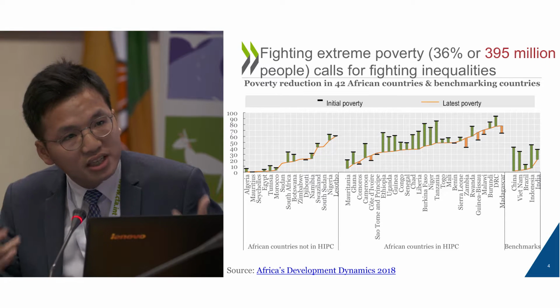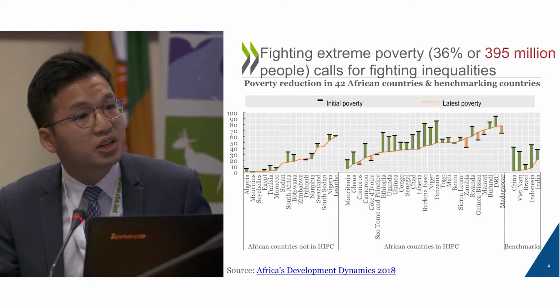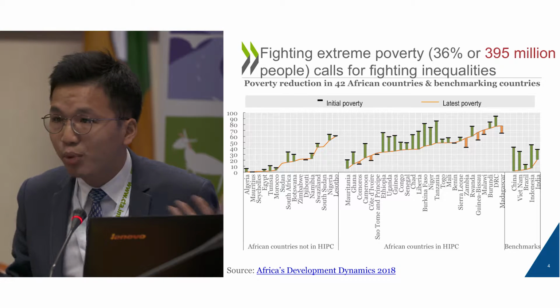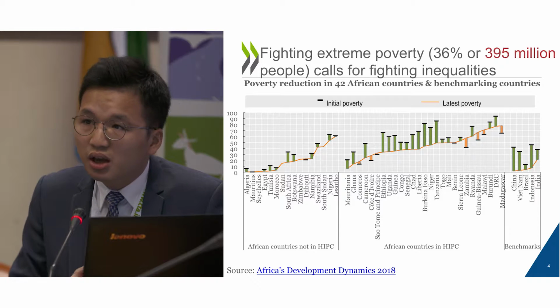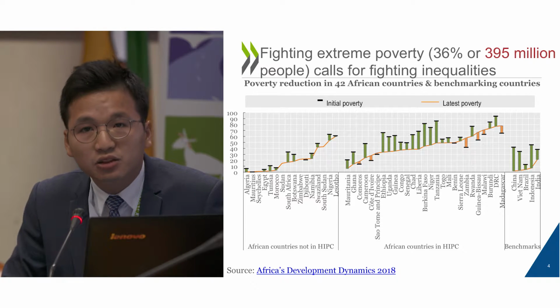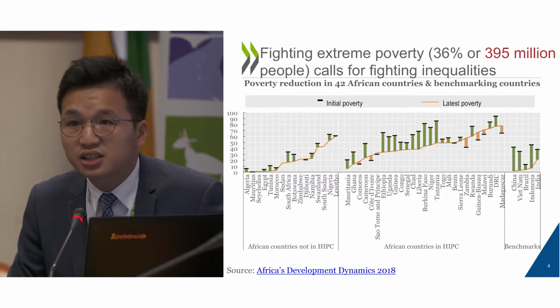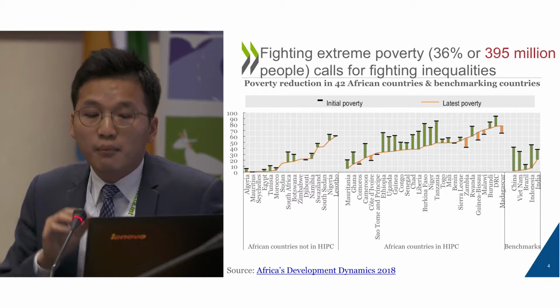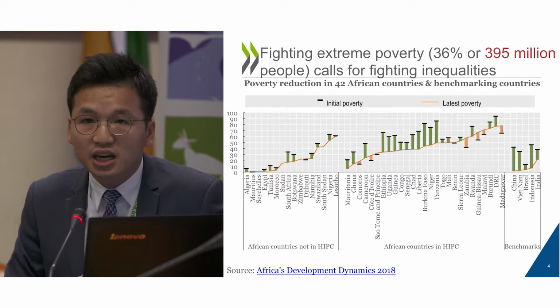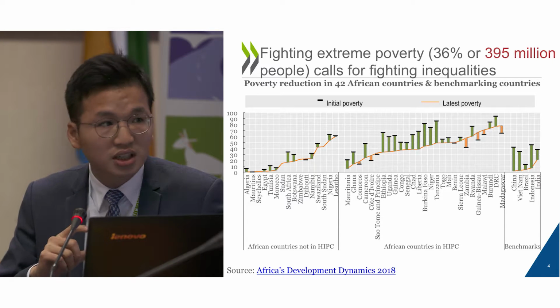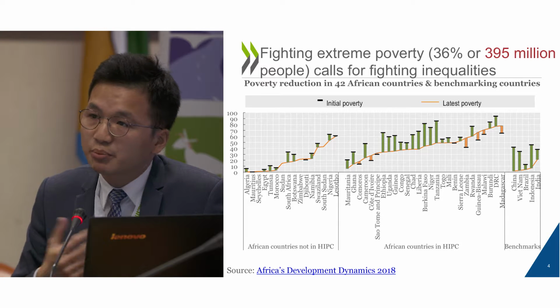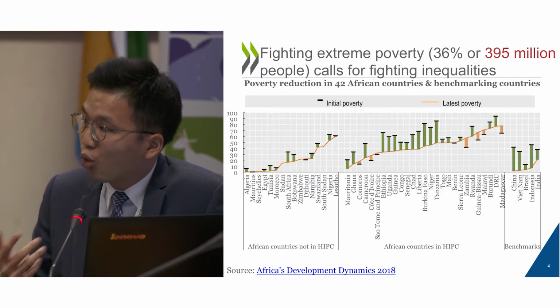And then the second part is, what does it mean for development? Take poverty, for example. We see that from 2000 on, many African countries have made great progress in poverty reduction. This is great news. But most of these countries that have managed to reduce poverty by a significant amount are those that went through the HIPC program, the highly indebted poor countries.